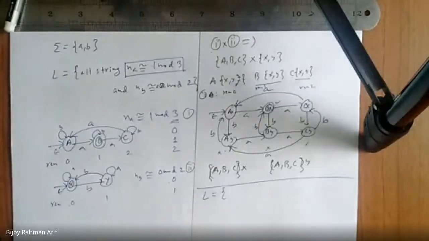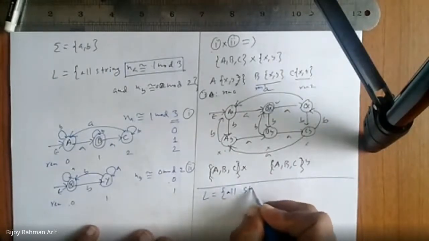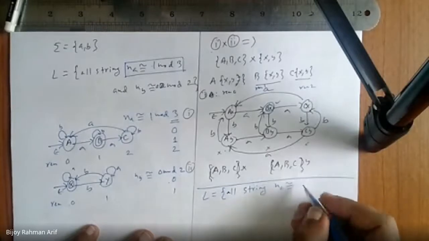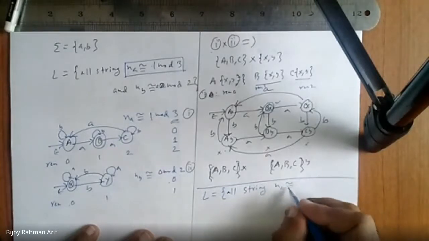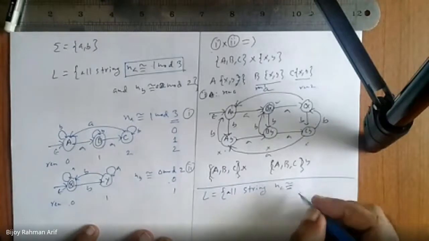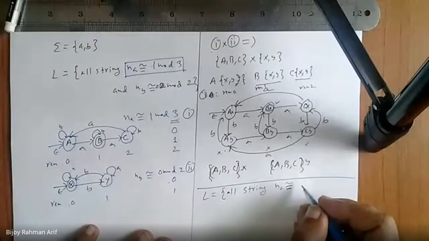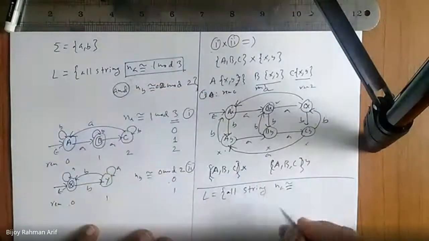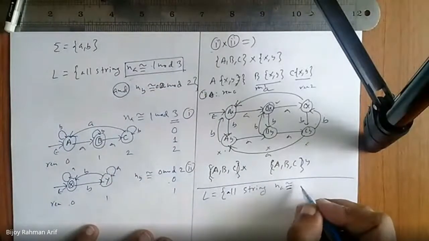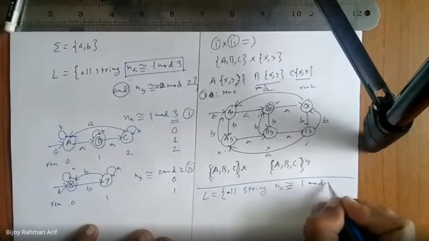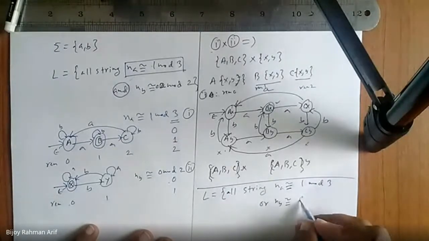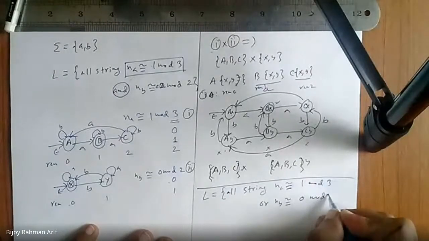I am making this tougher. All strings where number of A is 1 mod 3, or number of B is 0 mod 2.